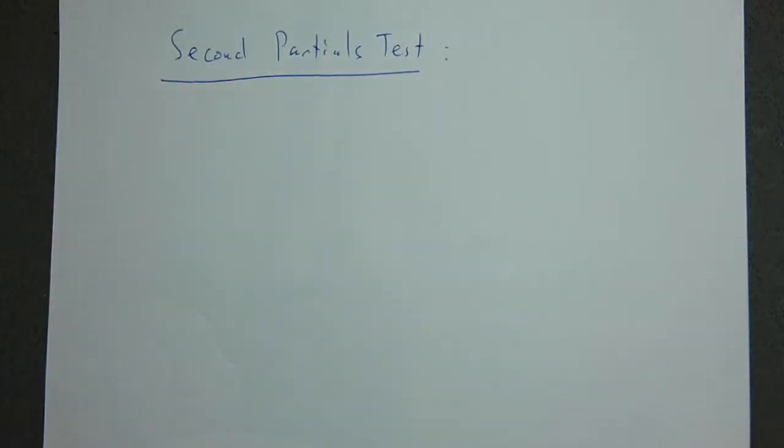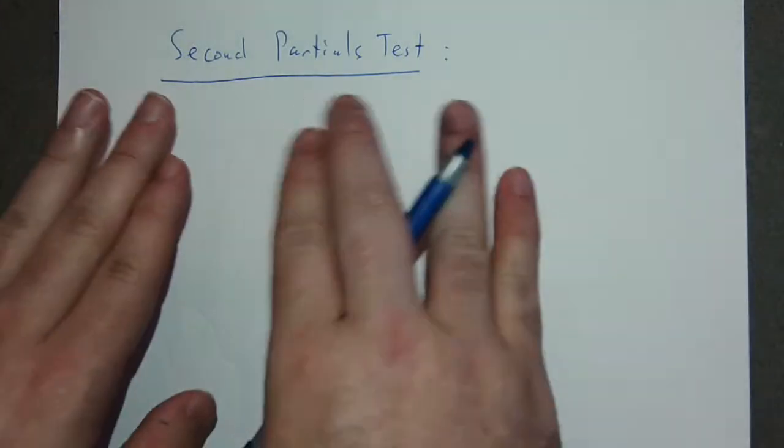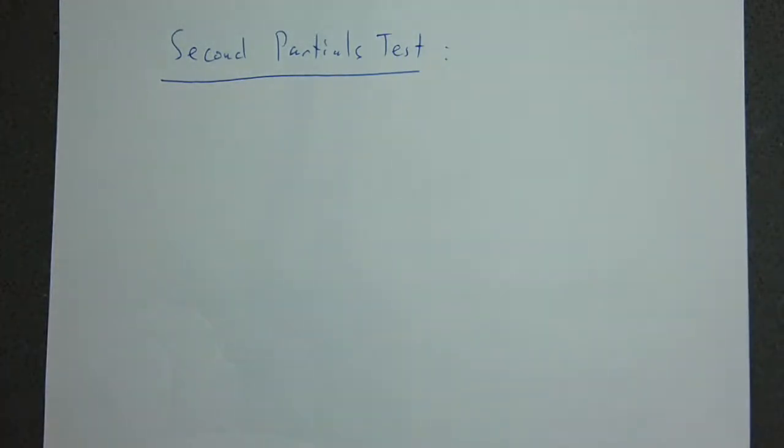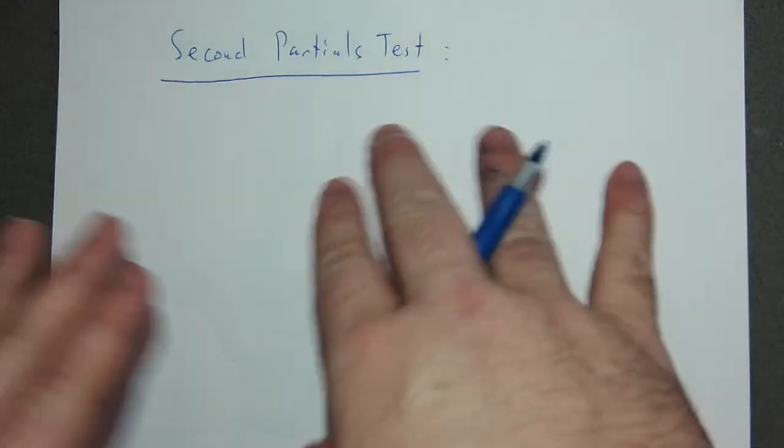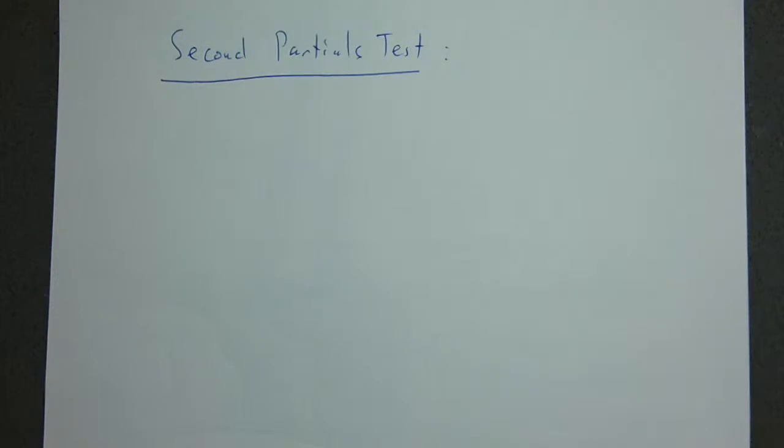Now, what does the second partials test say? I have to define this thing first. First of all, the second partials test is a thing that you only apply at critical points. So before applying the second partials test, you have to have found all the critical points for the function in question.